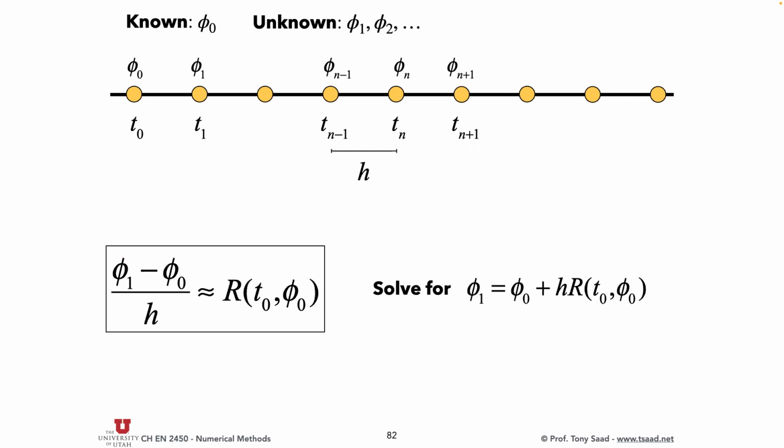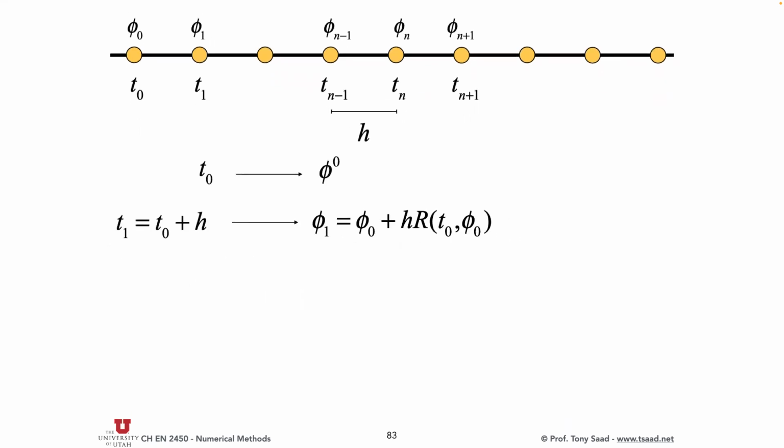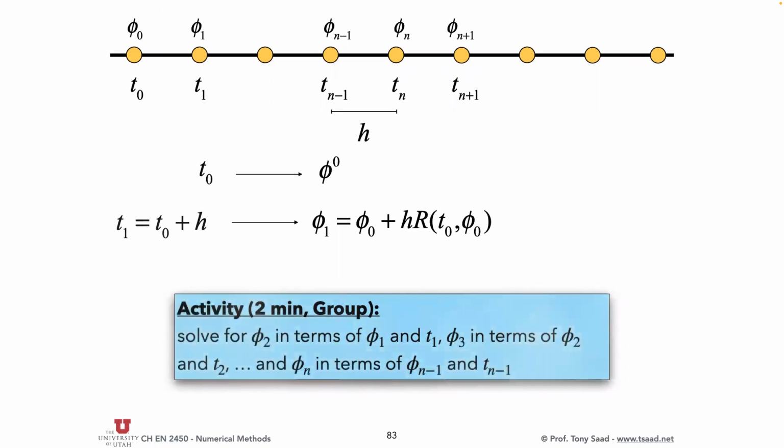Now, the same thing applies for all the other points. So if you think of this now, at t0, you have phi0. At t1, which is t0 plus h, you have phi1 equal phi0 plus h times r t0 phi0. Now, go ahead and solve for phi2 in terms of phi1, phi3 in terms of phi2, and all the way to phi n.